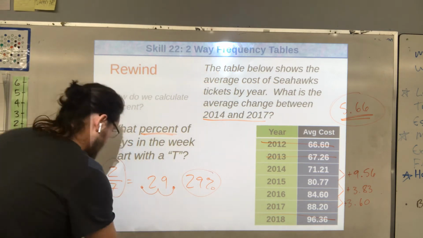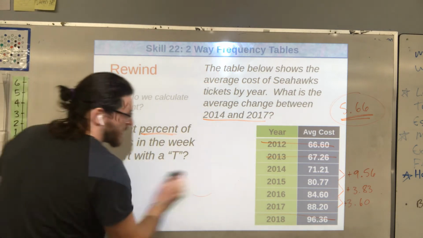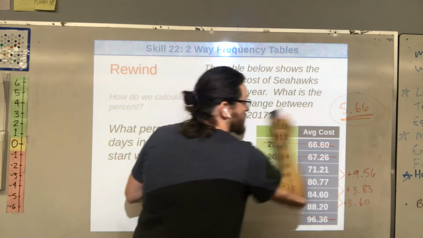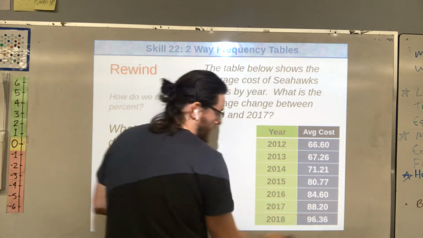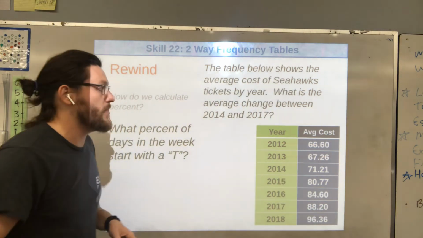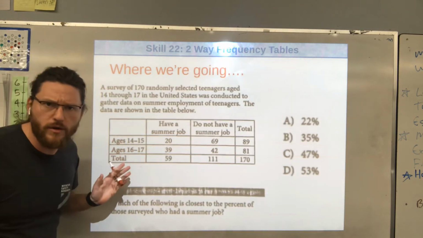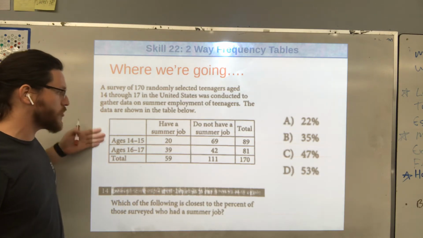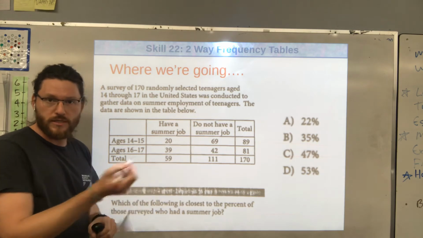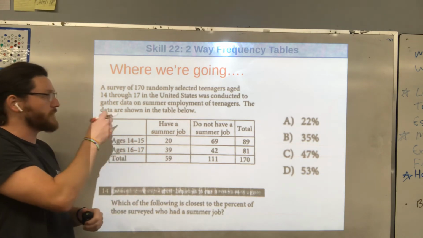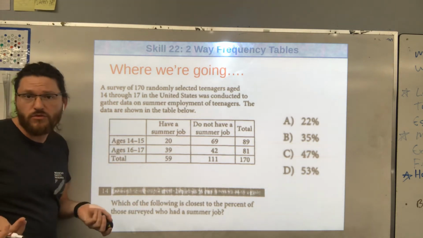As I mentioned at the top of this video, we are going to be dealing a lot with percents, especially this week, but also next week when we actually get into two-way frequency tables. That's kind of where we're going, and I wanted to start with that. We're going towards problems that deal with these weird things called two-way frequency tables, where if you want to pause the video and read through this, you can do that.